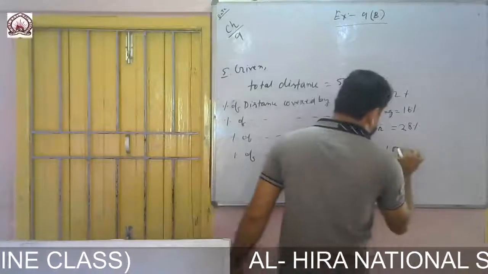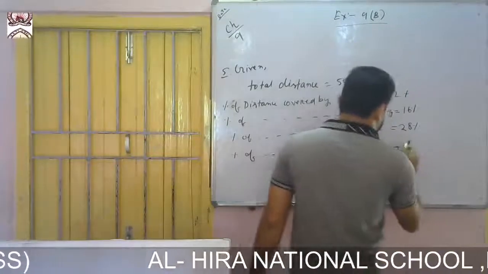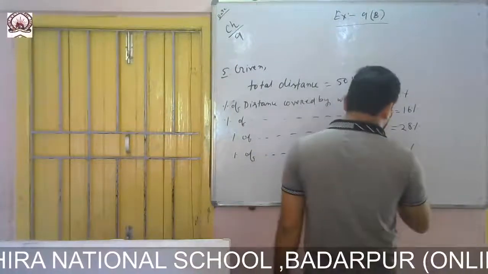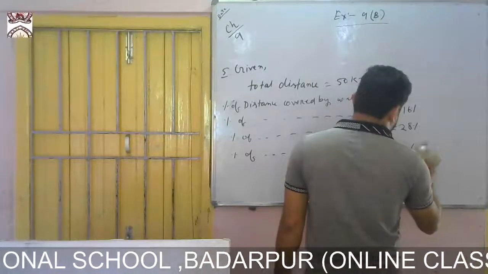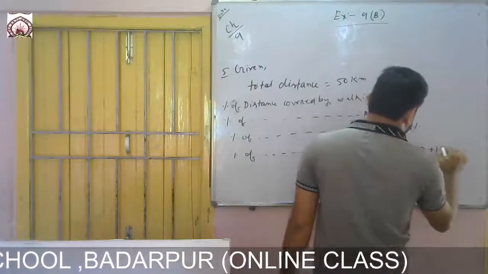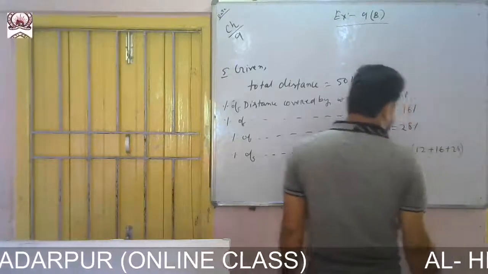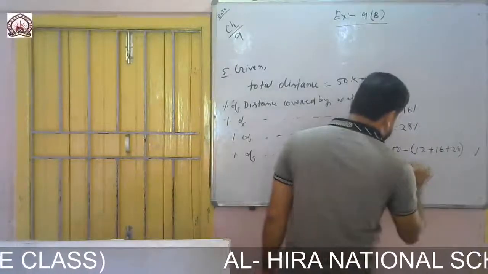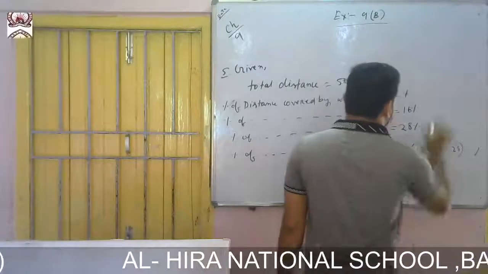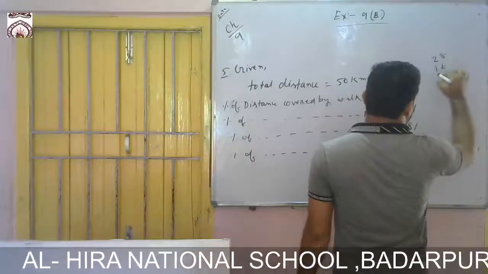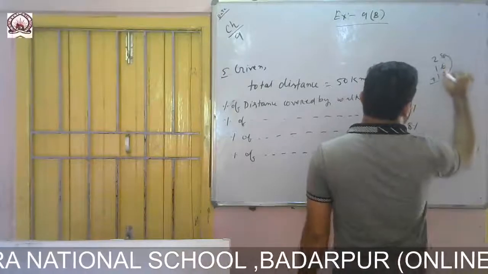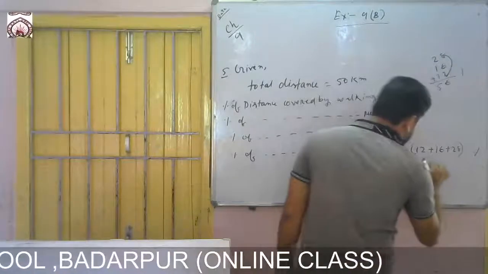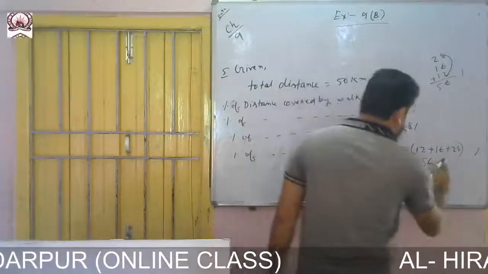It will be 100% minus 12 plus 16 plus 28. So 100 minus 28, then 16, then 12. 8 plus 2, 10, 16. 2 plus 2, 4 and 1, 5. So 56%.